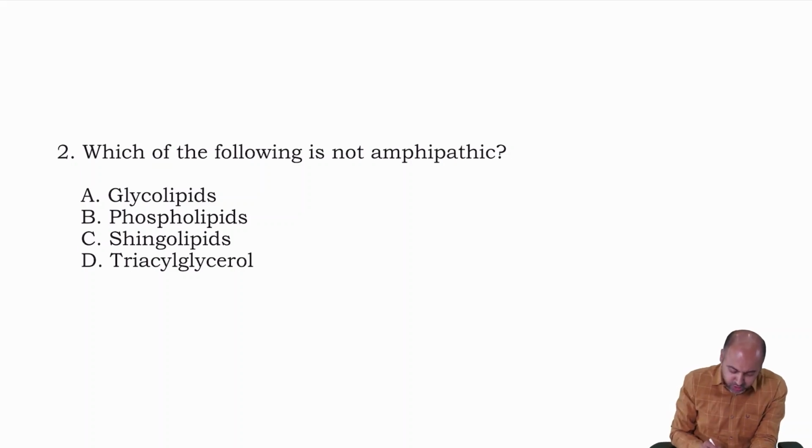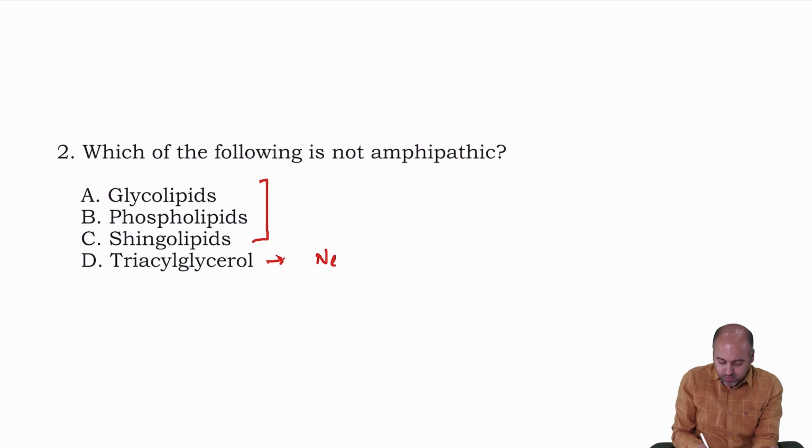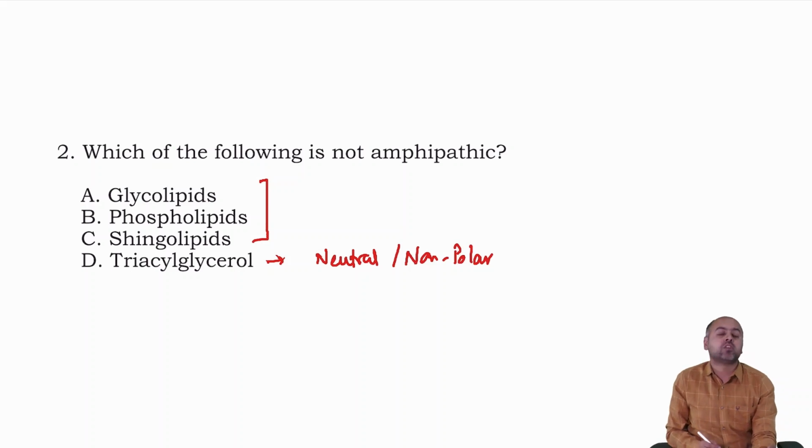So in this context, you have to remember that glycolipids, phospholipids and sphingolipids are amphipathic, but the triacylglycerol is neutral, or you can say non-polar. It is commonly found in the core of the lipoprotein.